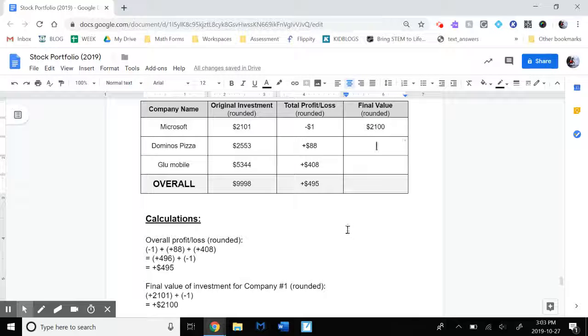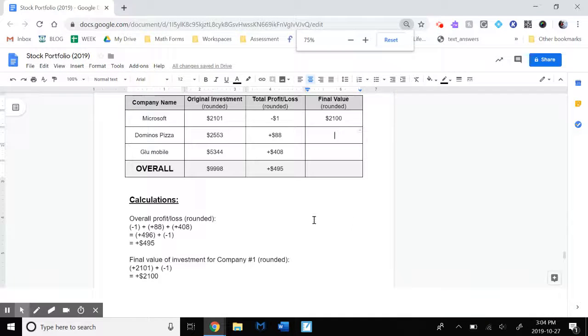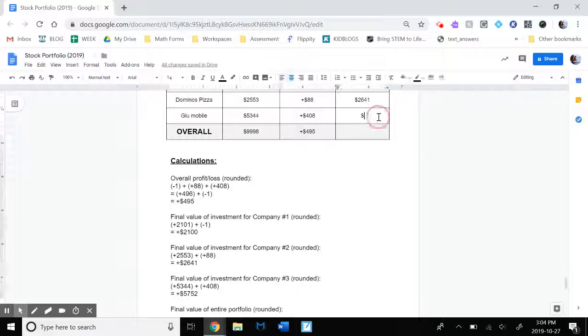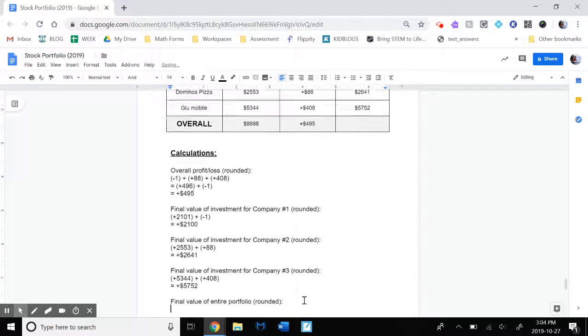So 2,100, and then this one was 2,641, and this one was 5,752. And then overall would be these three numbers added together.